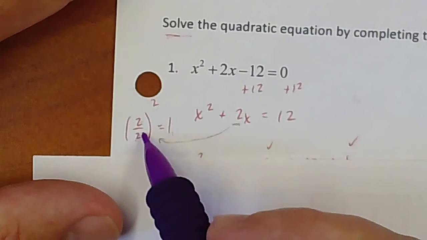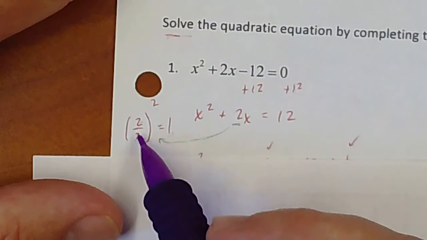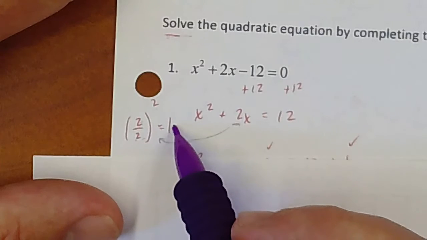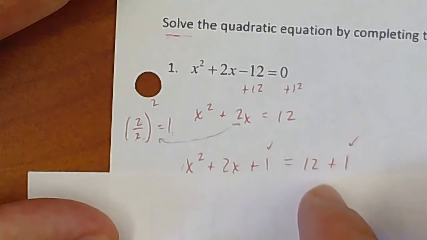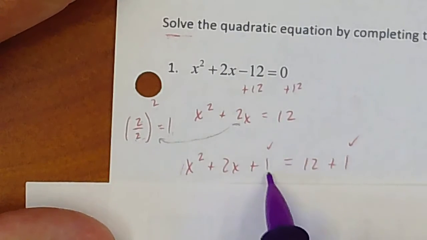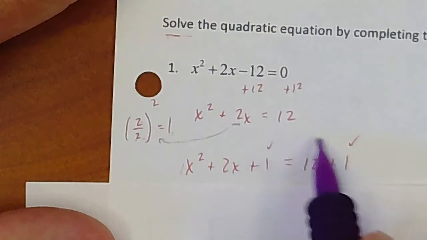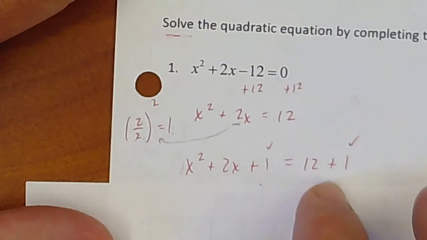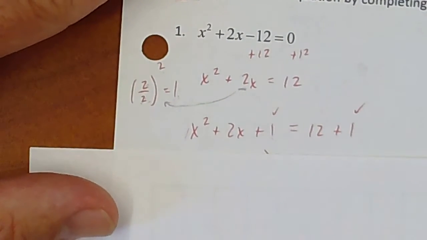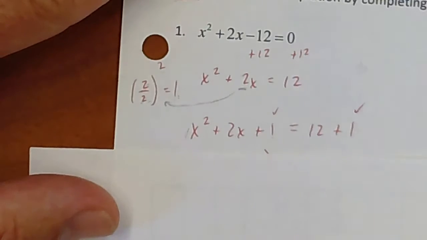So 2 divided by 2 is 1. 1 squared equals 1. So that's the number I need to add now to both sides, keeping the equation balanced. I kind of put check marks to make sure I accounted for that. Okay, so that's step 1 and 2.